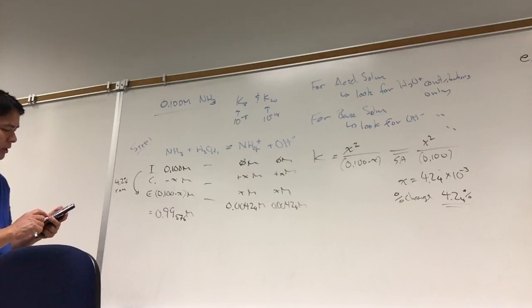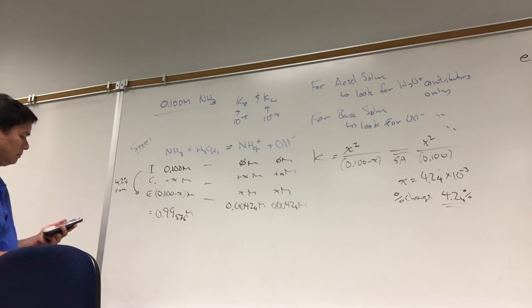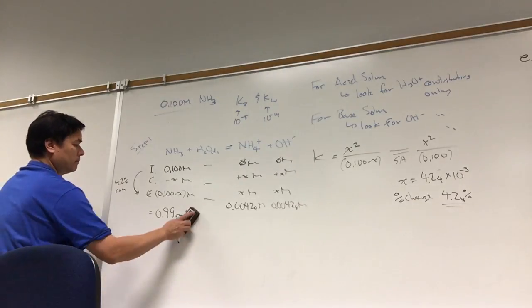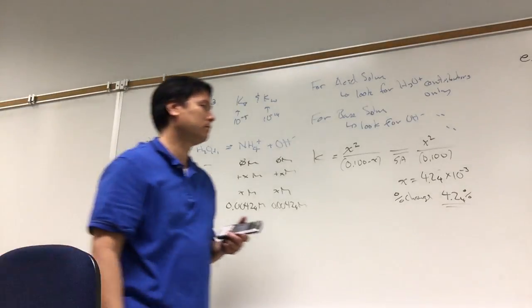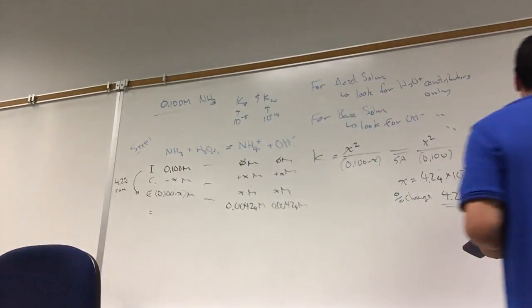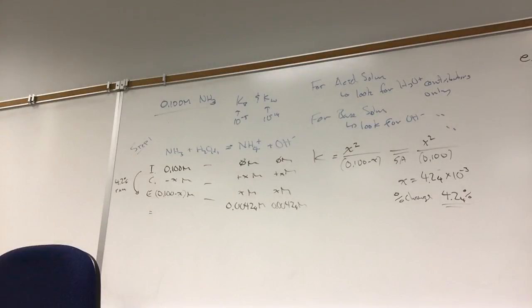Let me try that again. Actually, I got this. Anybody else? I got what she got. 1.3 times 10 to the negative. 1.3. Maybe my writing's bad.